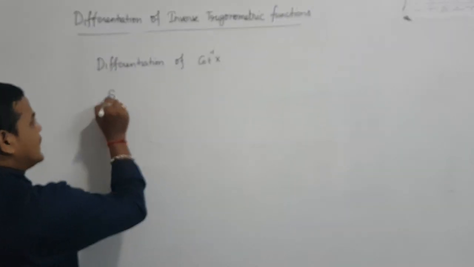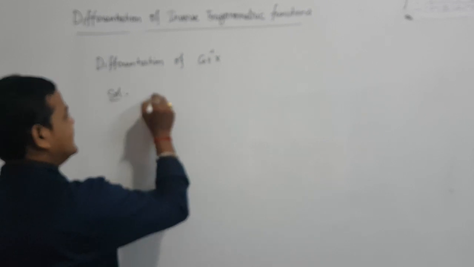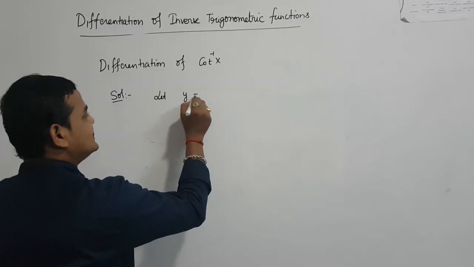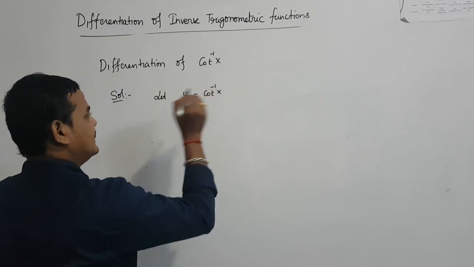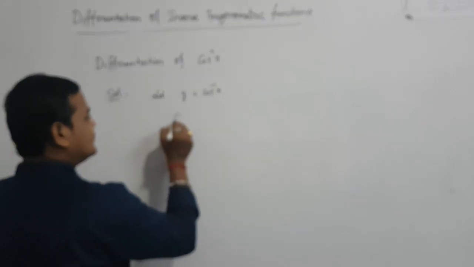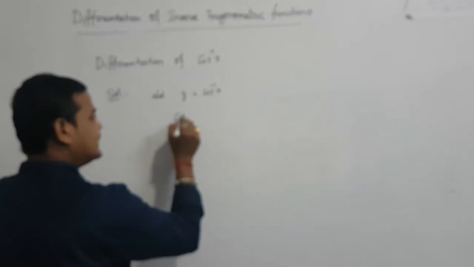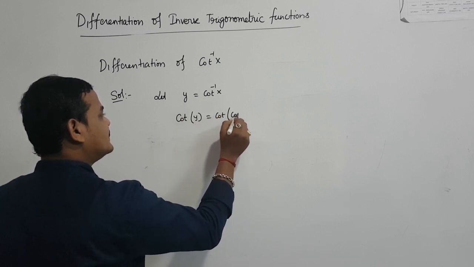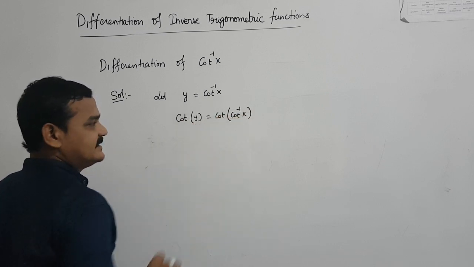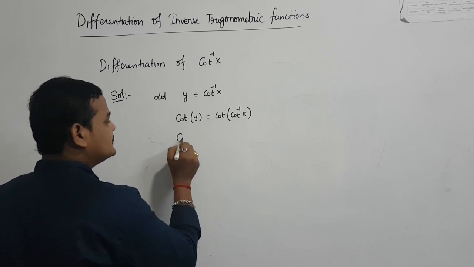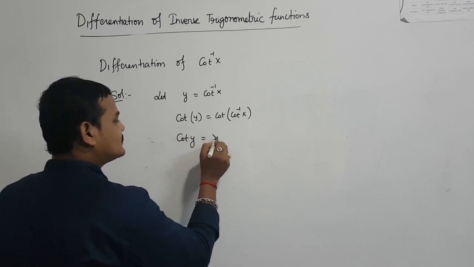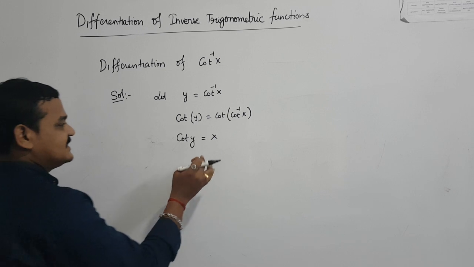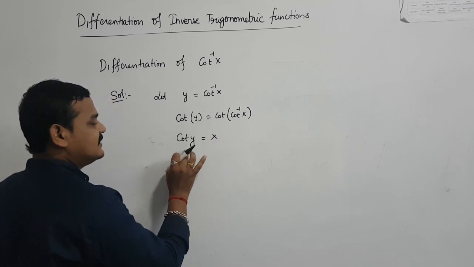Same process that I applied for sin inverse of x. Let y is equal to cot inverse of x. Then take cot on both sides: cot y is equal to cot of cot inverse of x, in its respective domain. So cot y is equal to x. Same process here, x depends on y.